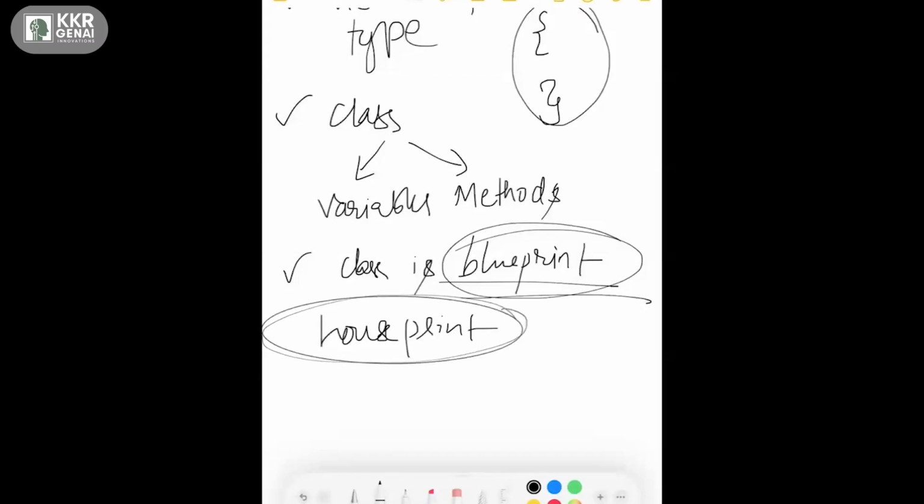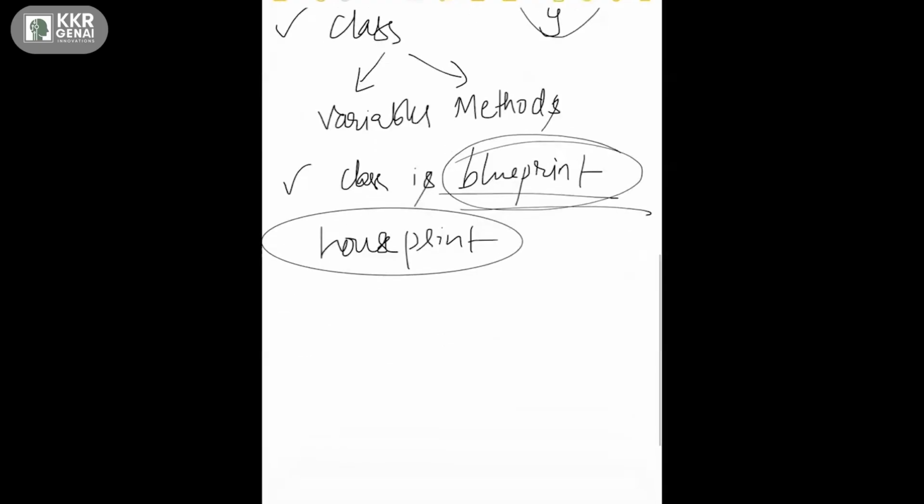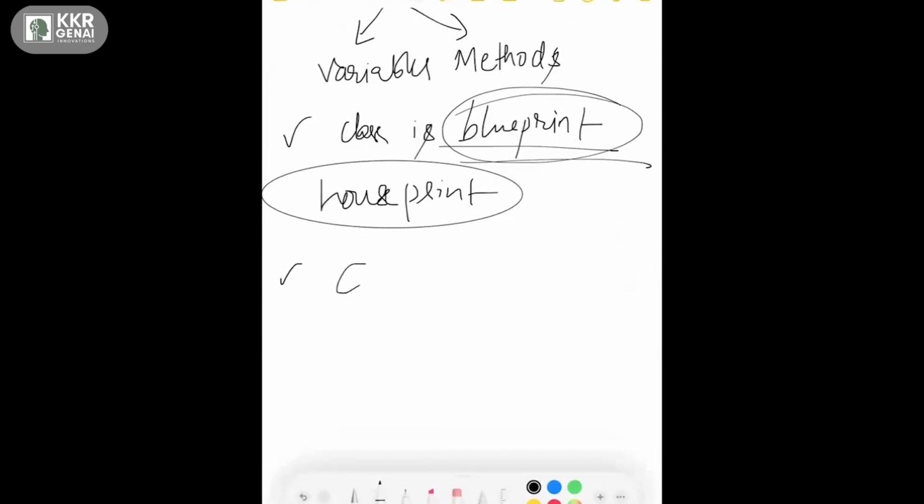With that blueprint, you can construct one house in one community, and then construct another house with the same house plan in another community. As everyone has mentioned, a class is not a physical entity, it is a logical entity. It doesn't have any existence actually.